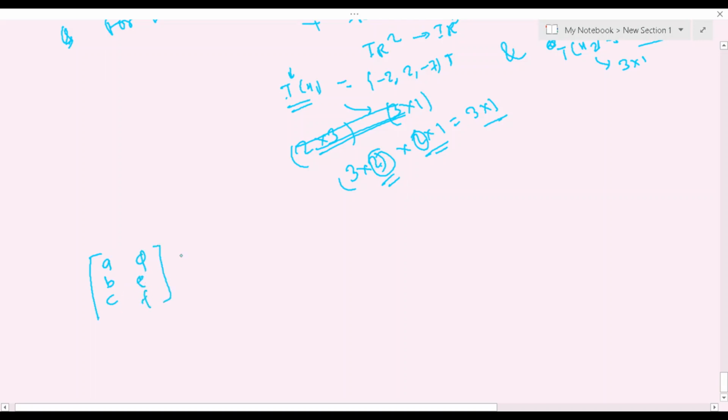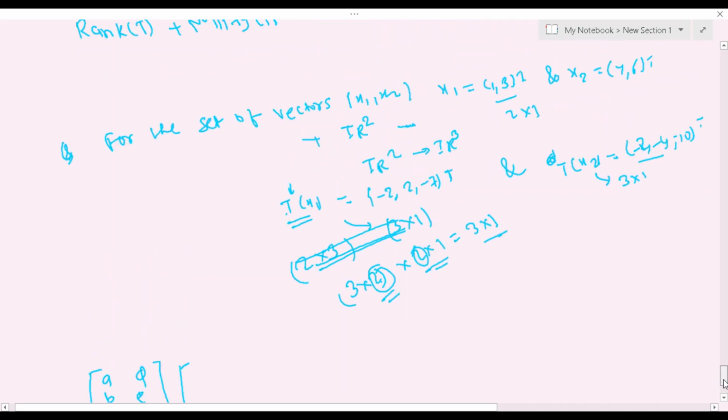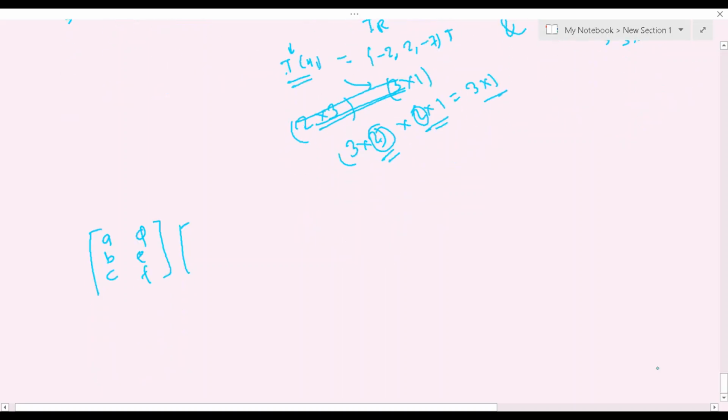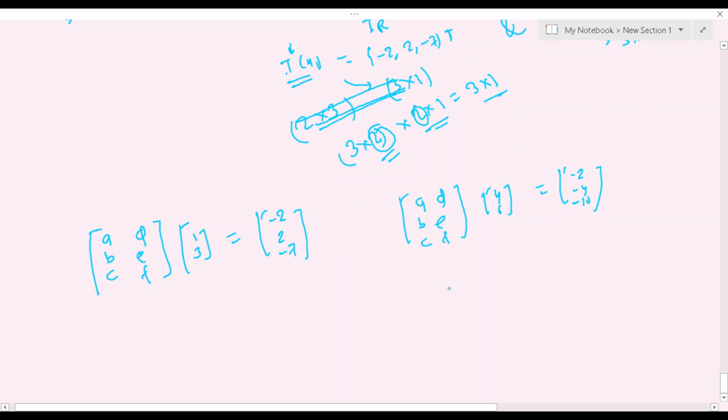Okay. So first we multiply this with this vector. What was x1? x1 was (1, 3) transpose. So we multiply this with 1, 3, and what we get is (-2, 2, -7). And in the second case, we multiply this with 4, 6, and what we get is (-2, -4, -10). Okay.